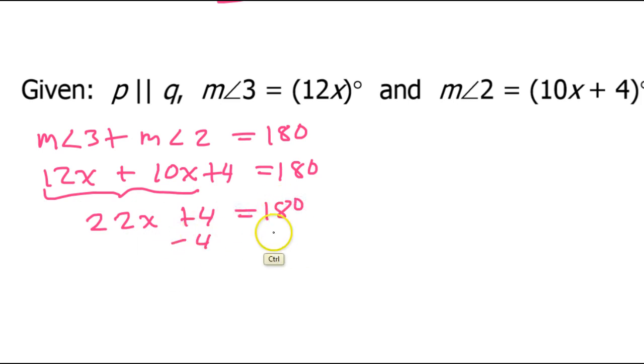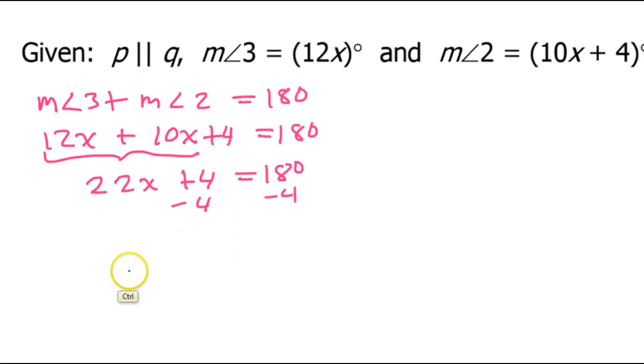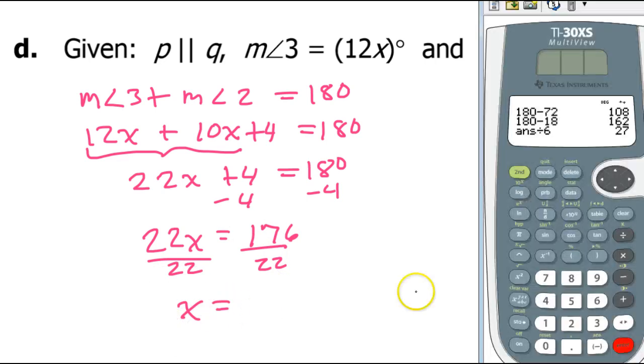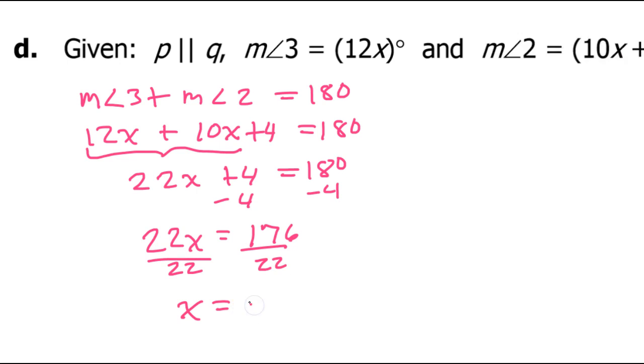Then if I subtract 4 from both sides, that's going to give me 22x is equal to 176. And then I would have to divide both sides by 22, and that turns out to be 8. So x is 8.